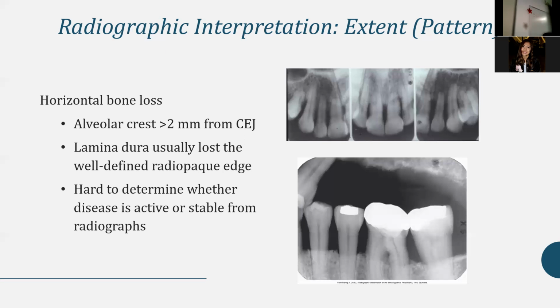But if we get somewhere between that level and 15%, we're in a stage 1. If it goes below 15%, we're in a stage 2. And if it goes below 33% and down, we're into stage 3 and 4. This is furcation involvement here. This is vertical bone loss here. And this is horizontal bone loss here.